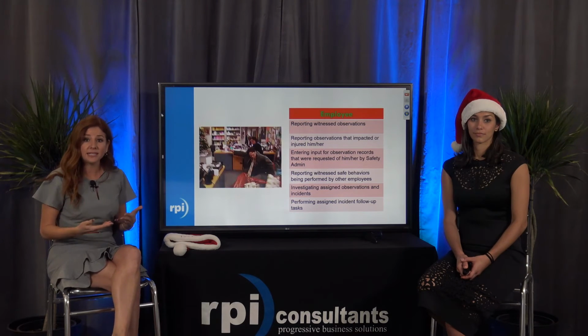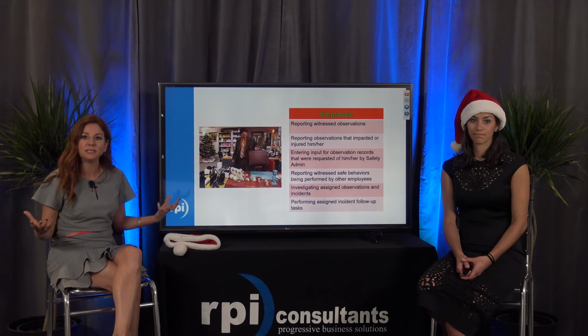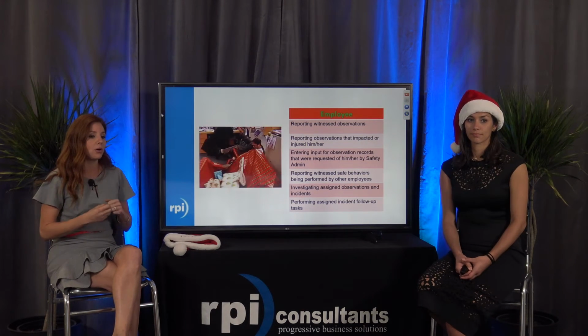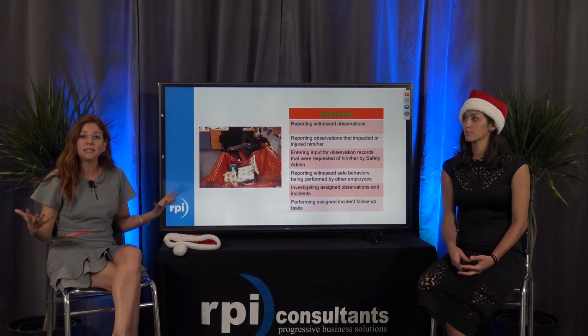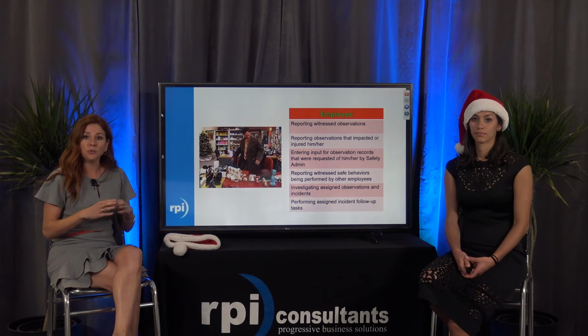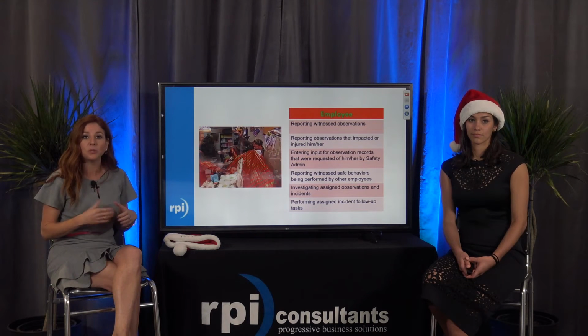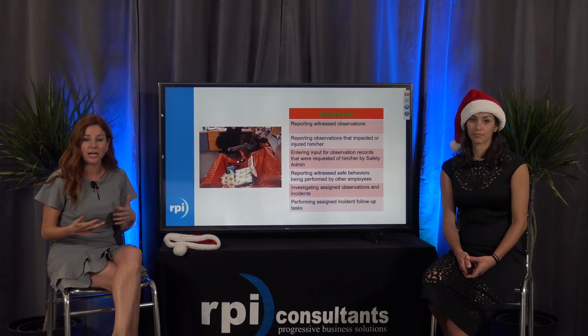So say there was an incident, and I'm going to show you what the screen looks like. So there's a big incident that happens, a fire or a chemical explosion, something large that a bunch of people were at. You'll want to get the information and observations from all the people that were there to see what could have caused the incident or accident.